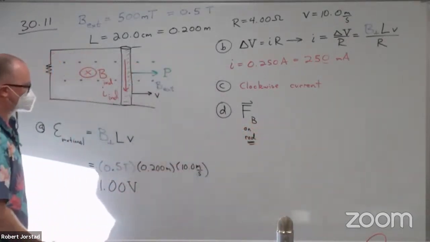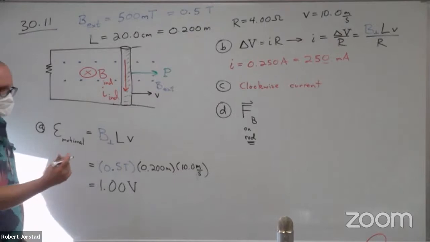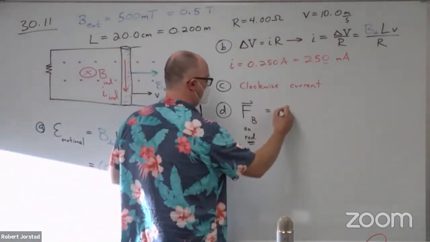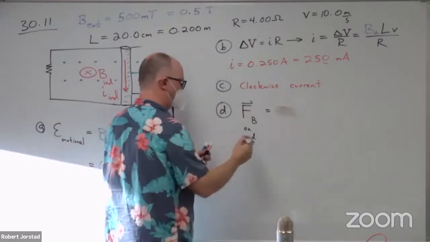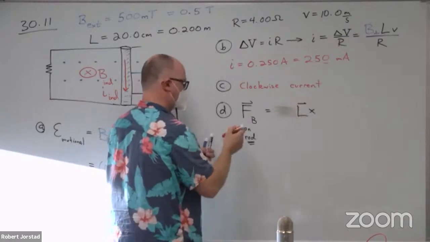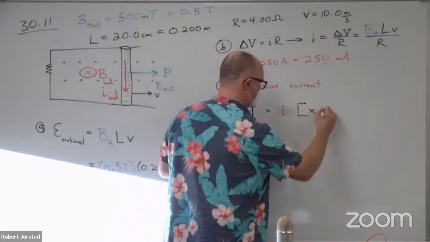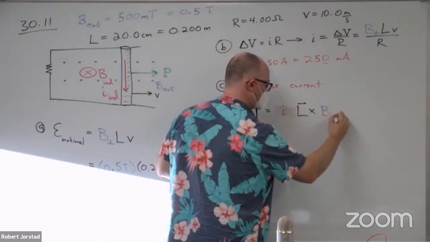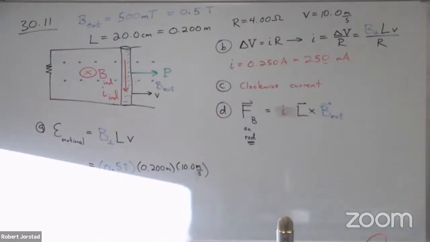Okay, force magnetic on the rod is what? What would be a good equation for that? I heard IL cross B. It's color coded a little bit. Blue, yeah, that's better.